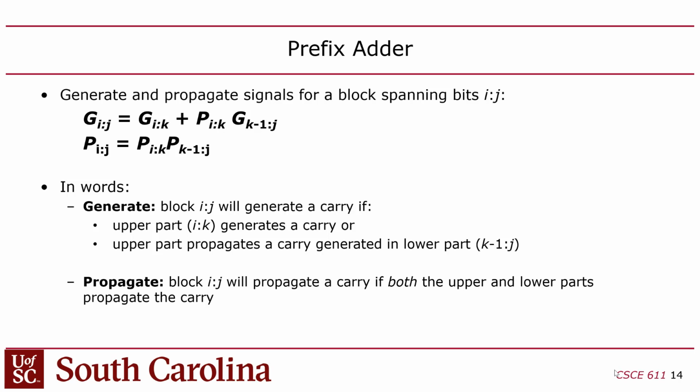You can split them into those 2 groups however you want, but i is the most significant bit of the group. j is the least significant bit. And when I say bit, I mean column. We're talking about columns. This is adder columns. And then k is the way that you split them into the 2 groups. k is the least significant bit of the left group, and k minus 1 is the most significant bit of the right group. Okay? Now you might say, well, what's the point of splitting them at all?